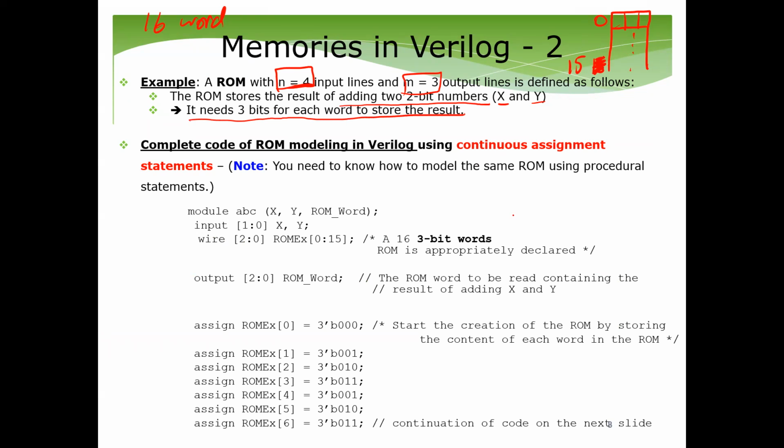Let's write, I don't have space to write a complete truth table, but the idea is that the input is 4 bits, so numbers x and y. So I have x1, x0, y1, y0. These are the two numbers. Let's do the whole truth table here. So I have x1, x0, and I have y1, y0, the 4-bit input.